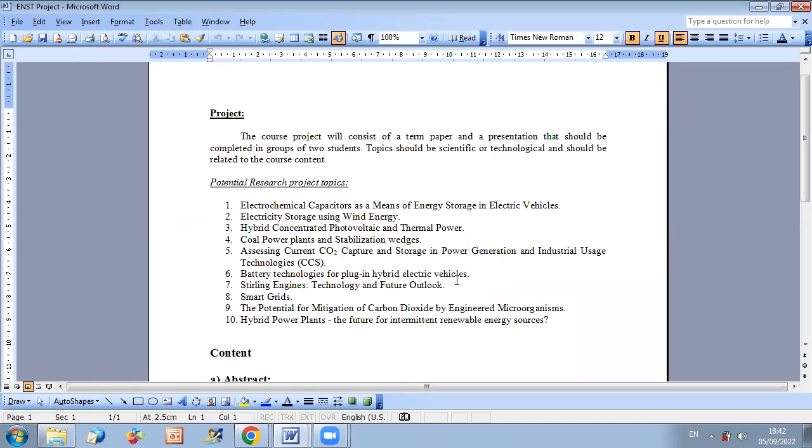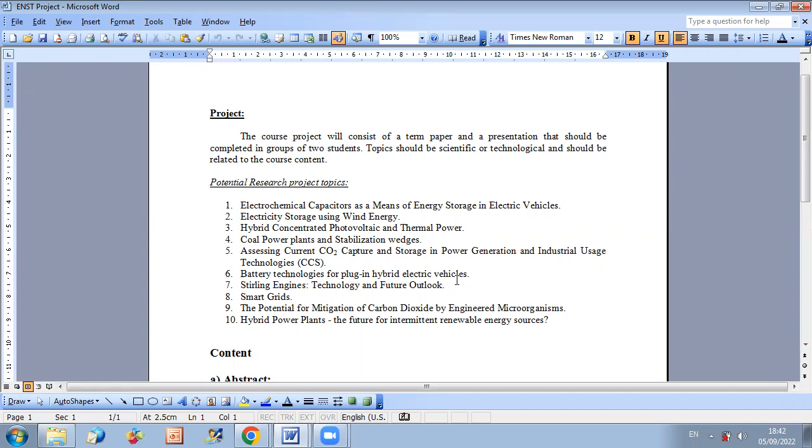Another possible topic is smart grids. You know that in developed countries, some houses can sell electricity to the state because we have grids that are connected. The grid on the country level, on the macro scale, is connected to houses.